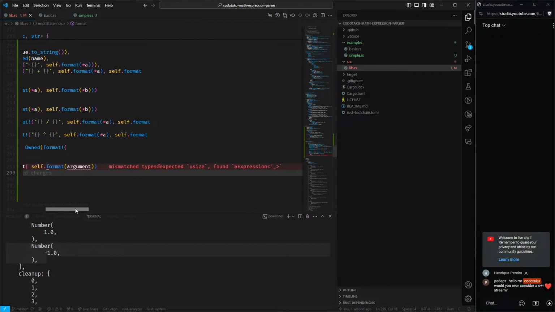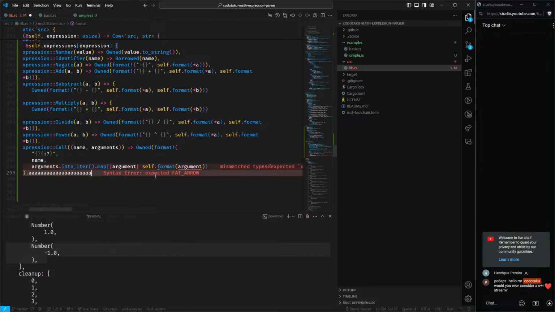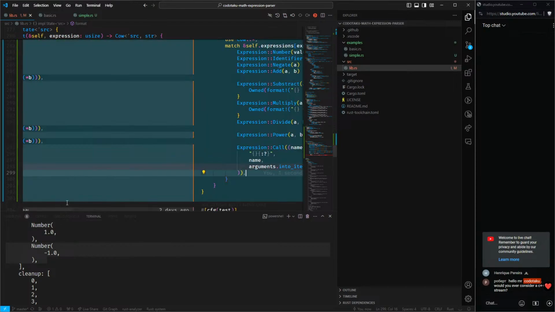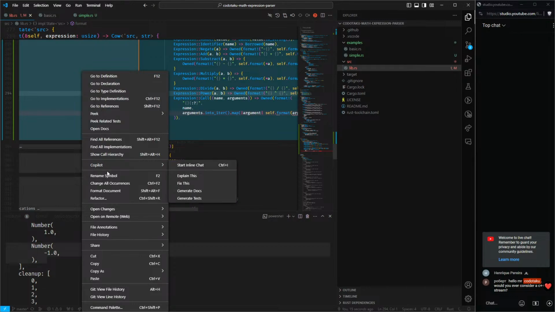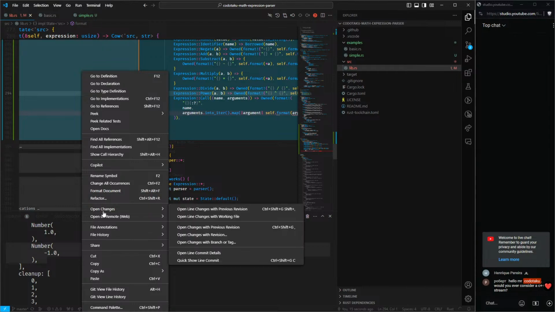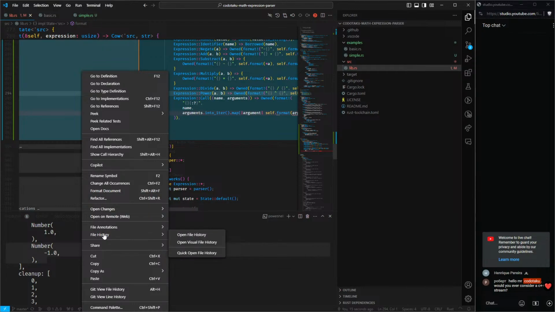Mismatched types, expected usize, found expression. Oh crap. Oh, what the heck? What is this, bro? Man, I hate this when it pops up. I don't even know how to close this thing.